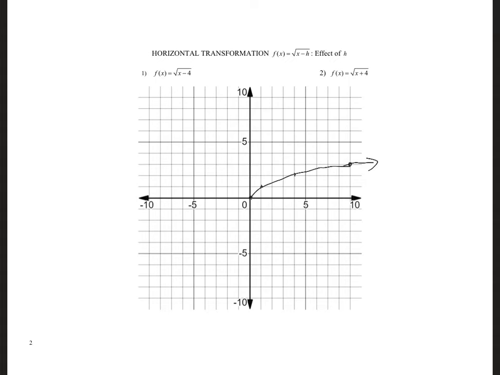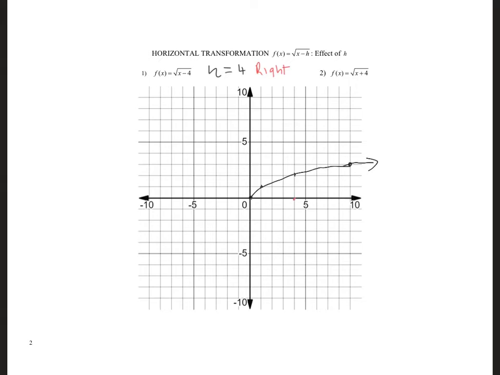Then here I can see h is equal to positive 4. So I'm just going to graph number 1 by moving it 4 units to the right. So I take every point, move it 4 units to the right. So this is going to be right there.